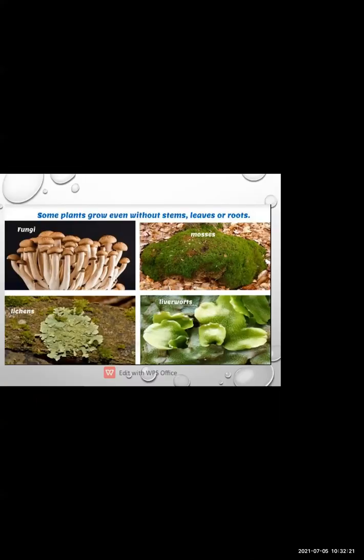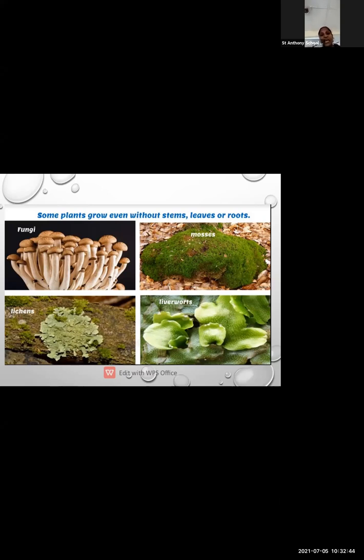Now here you can see some plants grow even without stem, leaves or root. We have seen that plants have stem, root, leaves, flowers, fruit. But there are some plants which do not have stem, leaves, or root.